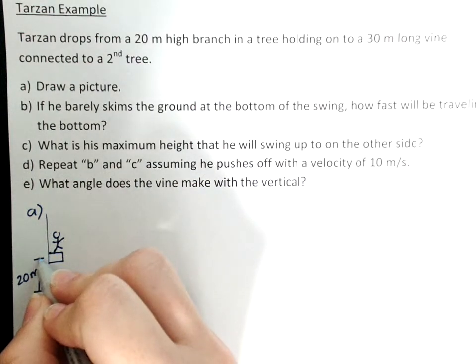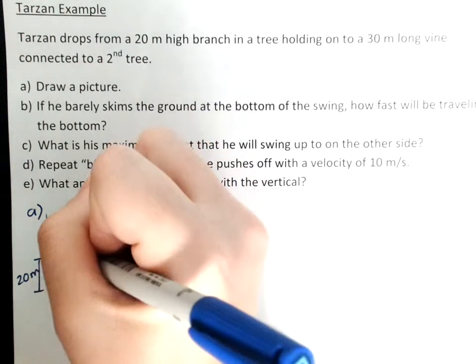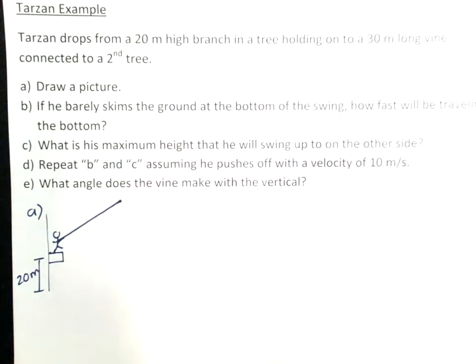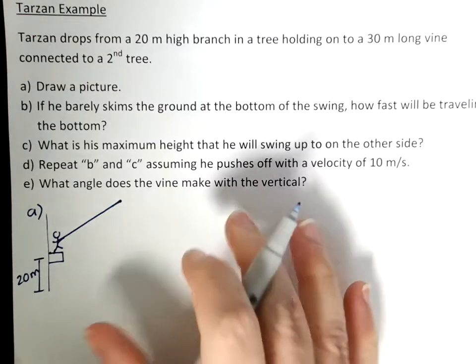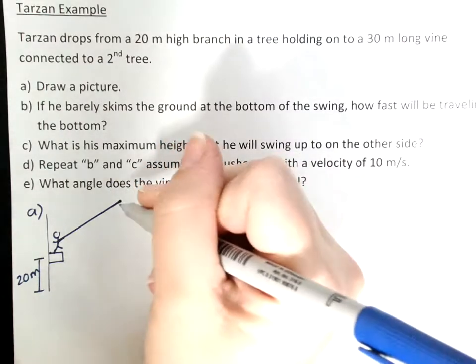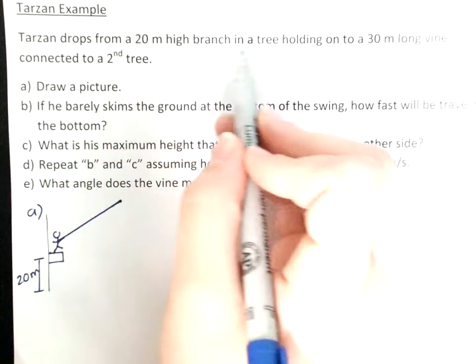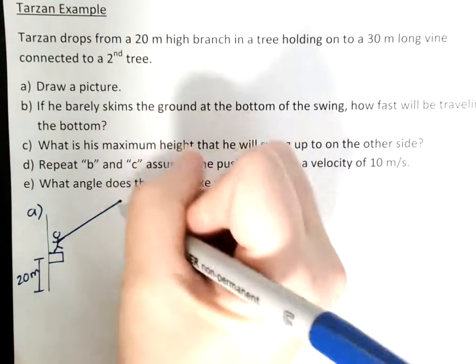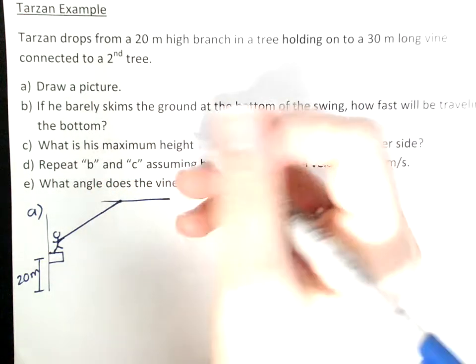It's got to be a little bit longer than this. So there we go, which is connected to a second tree. So here's our second tree. It's connected to some branch.